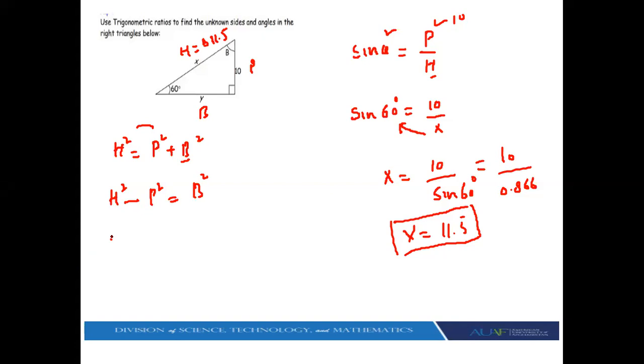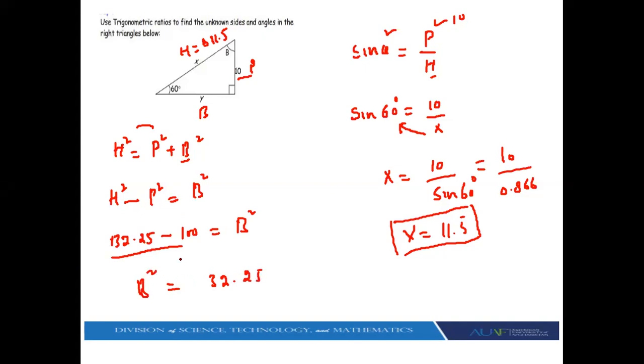So we have 132.25 minus perpendicular is 10, so 10 square is 100, equal to what? B square. So first of all 132.25 minus 100 equal to what? Only 32.25 equal to what? B square.